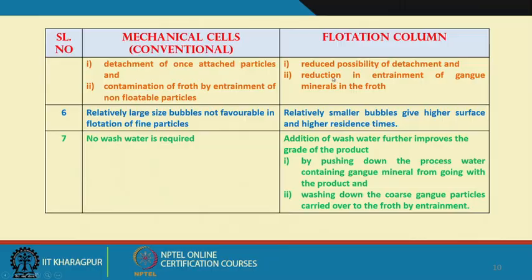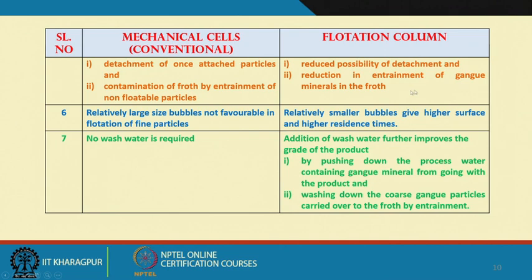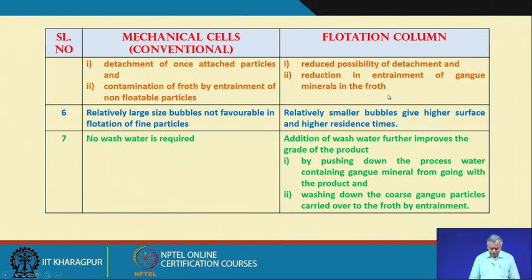In the flotation column, there is a reduced possibility of detachment, because it is based on the counter current flow principle. There is no additional force that would cause them to be detached once they are attached. There is also a reduction in entrainment of gangue minerals in the froth, because you are using wash water.